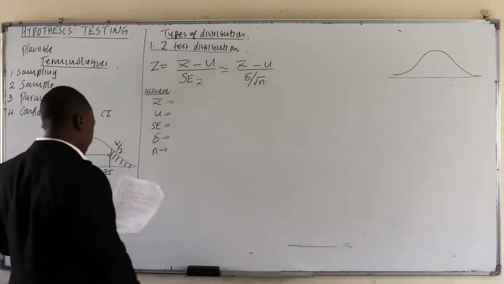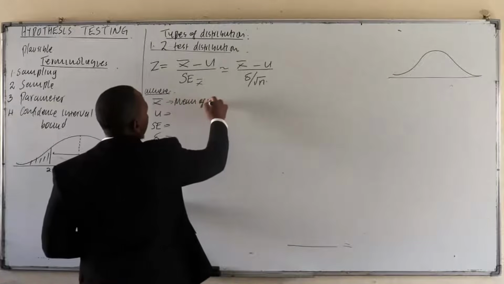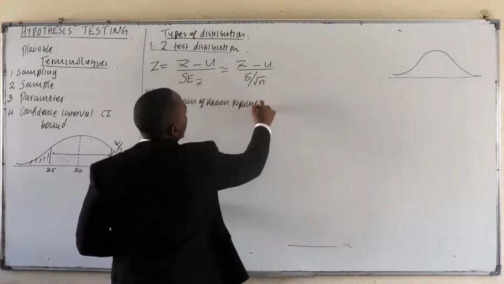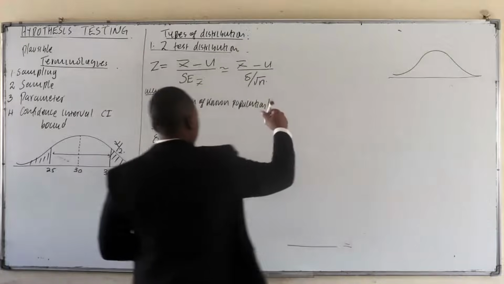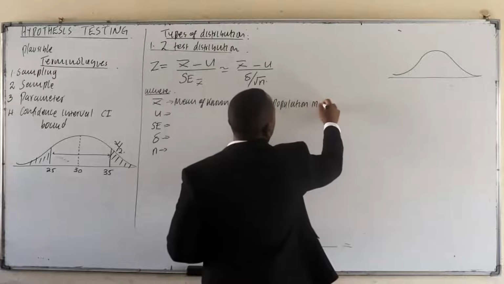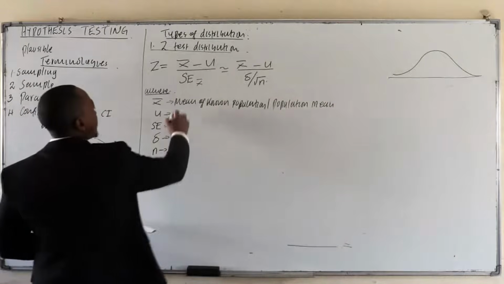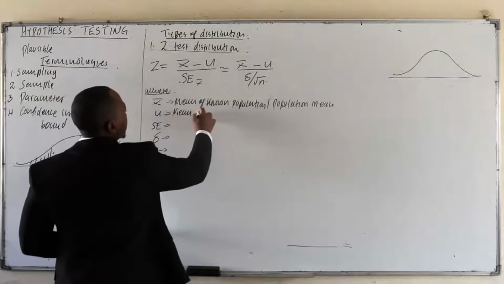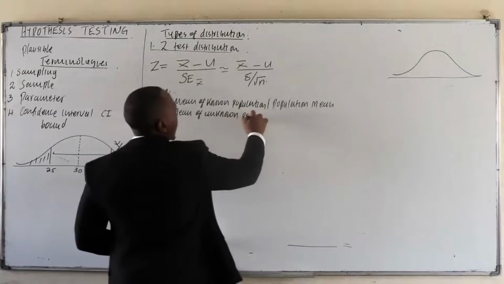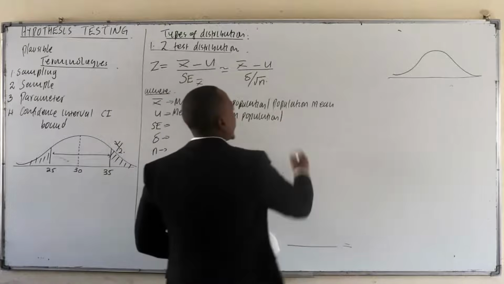X bar is the mean of the known population, or what we call the population mean. Mu is the mean of the unknown population, or what we call the sample mean.